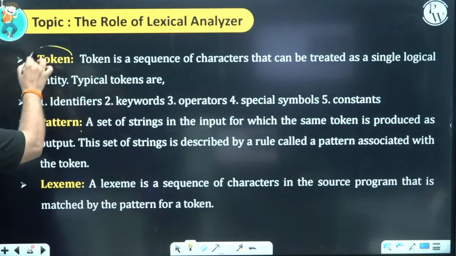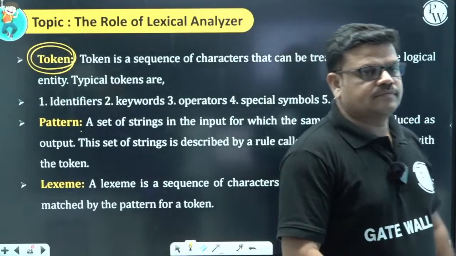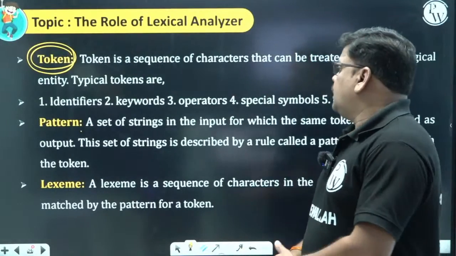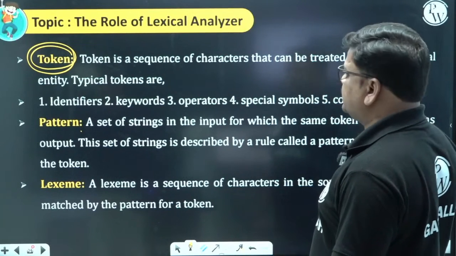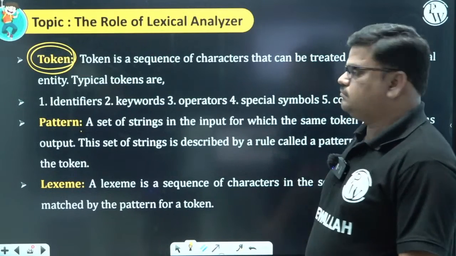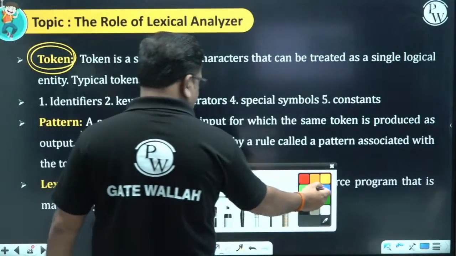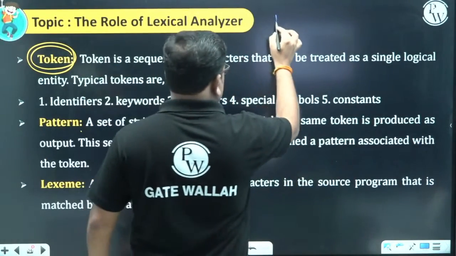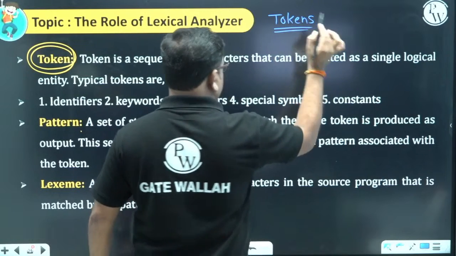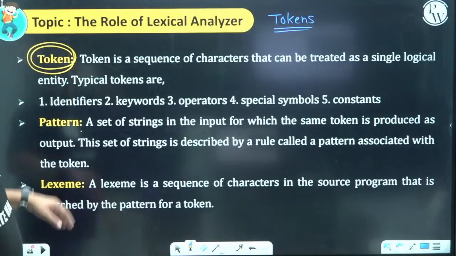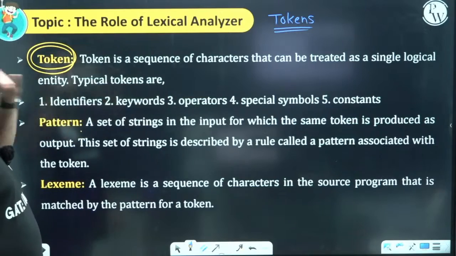The main concept of lexical analysis is tokens, the detection of tokens. What is a token? A token is a sequence of characters that can be treated as a single logical entity.